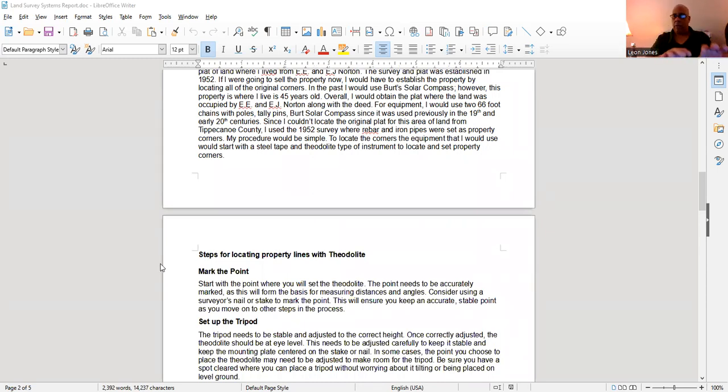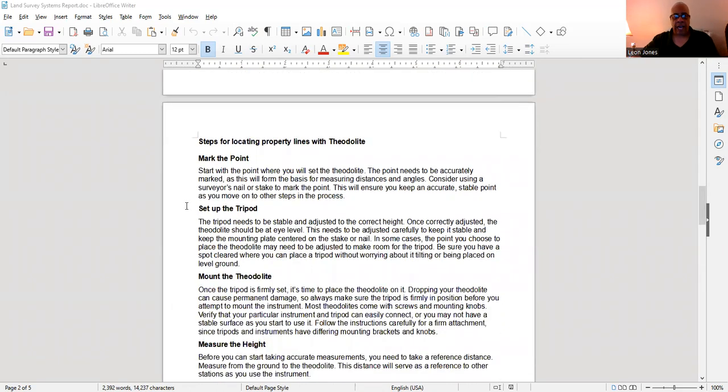Okay, now, that's how I would retrace everything. If I wanted to go back to the original plat, if I could find it, I could use a compass without a needle. But if I don't have a compass, I'm going to set up the good old theodolite. Now, what I did in the paper is I put two ways on how I would locate the points.